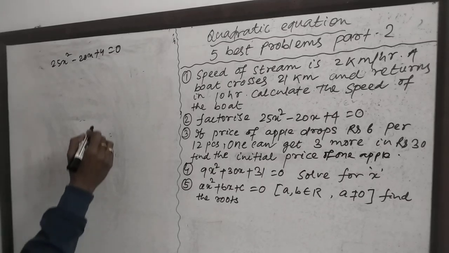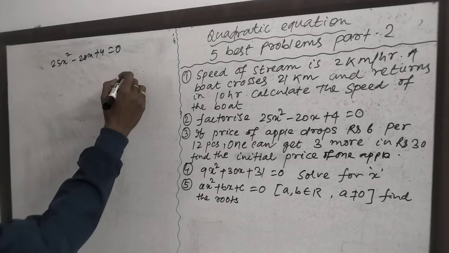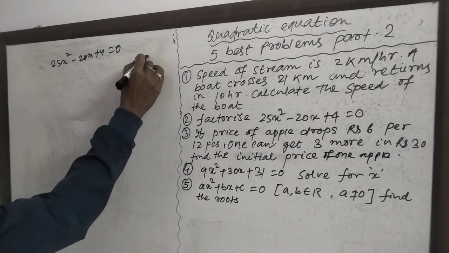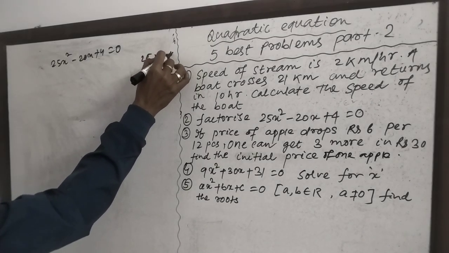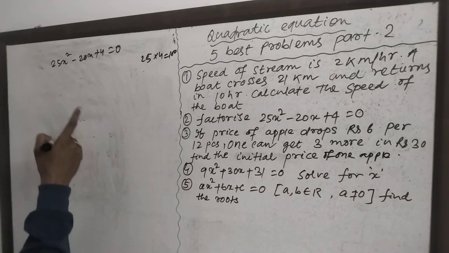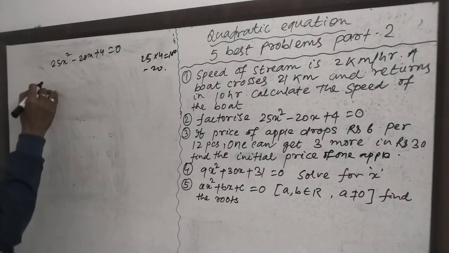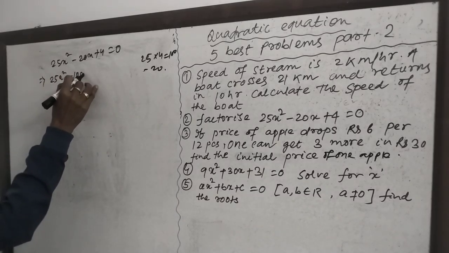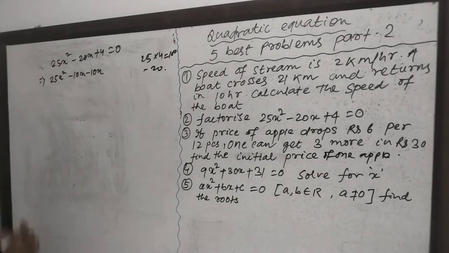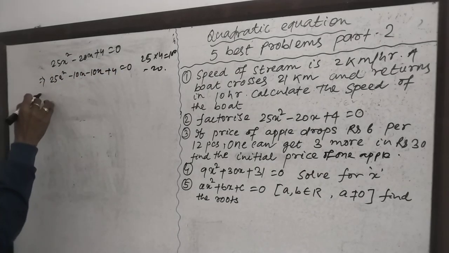Now we'll find two numbers whose product is 25 into 4, equal to 100, and whose sum is minus 20. These two numbers give 25x square minus 10x minus 10x plus 4 equal to 0. Is that clear?